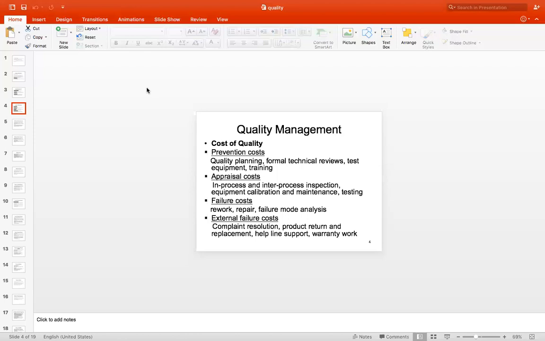So what is prevention cost? Prevention cost means the quality planning, formal technical reviews, test equipment, and training.